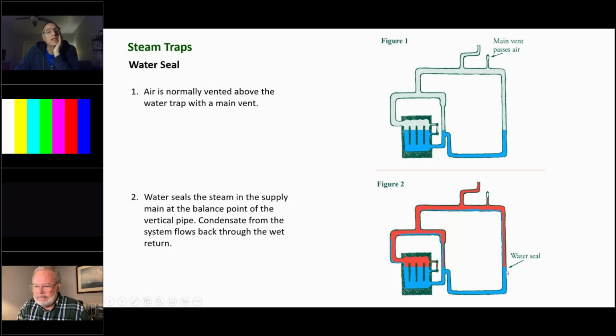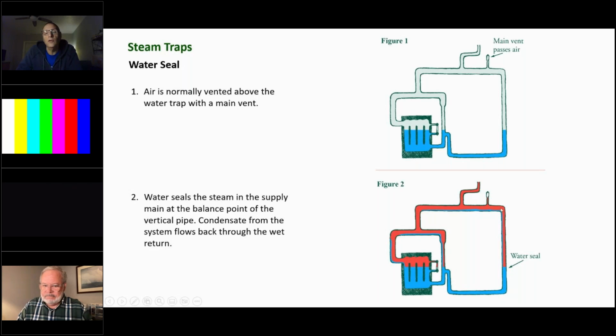And again, with this type of trap, if you are having issues with freshwater makeup where you're adding a lot of water to the boiler, it's generally because we are not returning the condensate, and the most common cause is clogged wet returns, because this right here is the lowest point of that system.